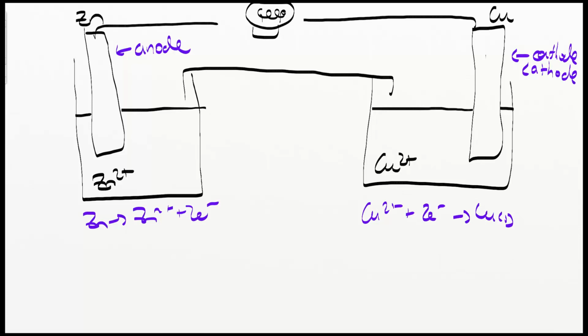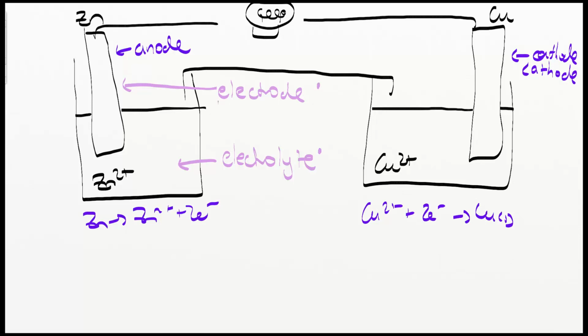If we have a look at the way that the cell is set up, we see that there's a solid electrode here, and an aqueous electrolyte over here. This thing here is known as the electrode, and the solution that the electrode is immersed in or is in contact with is known as the electrolyte. I need you to have an idea of what these mean.